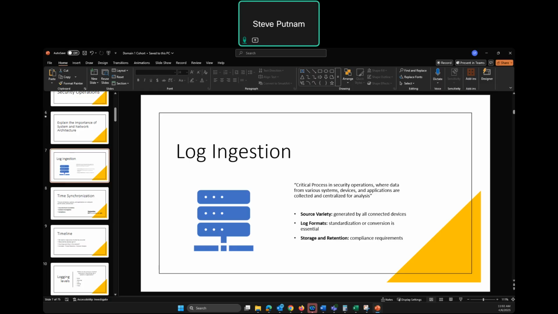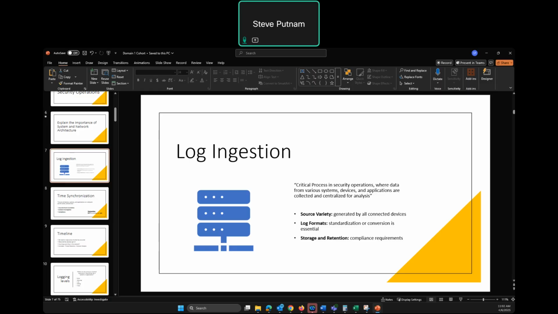You can ingest it in other ways, but that is the most efficient way from a cybersecurity perspective, because the SIEM tool itself allows cybersecurity analysts to see all the logs in one place rather than having to go and check every individual device. So they're able to look if something had been compromised, or during the investigation, have all those logs in one place instead of having to go to every device, which would take forever.